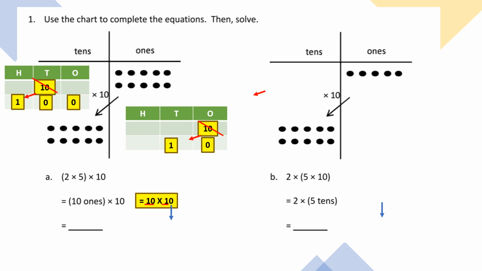So we're going to multiply 10 times 1. 10 times 1 is, you guessed it, 10. And what do we do with that 0 that's left? Well, we just bring it down and write it in the ones place. So our answer to 10 times 10 is 100.